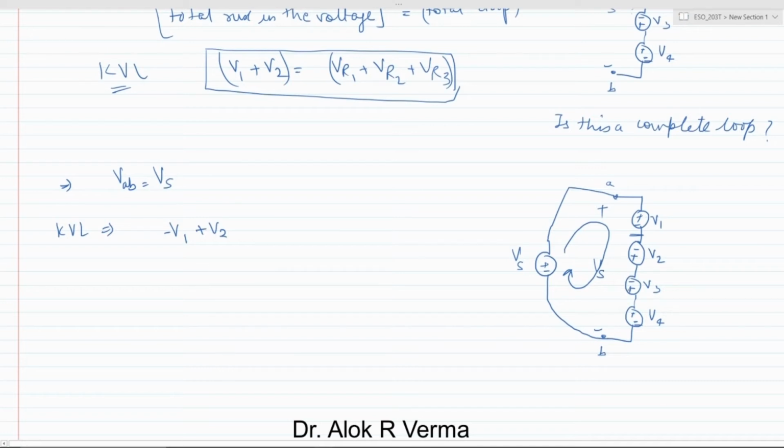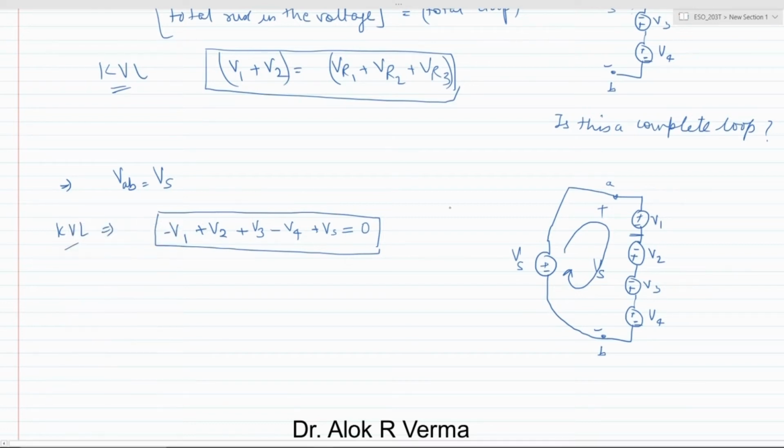Then rising to V3, plus V3, and then we have a drop, positive to negative, so negative V4, and then in the direction of current a rise, negative to positive, Vs, and the sum is 0. This equation that relates the algebraic sum of the potentials across a complete loop is a KVL equation.